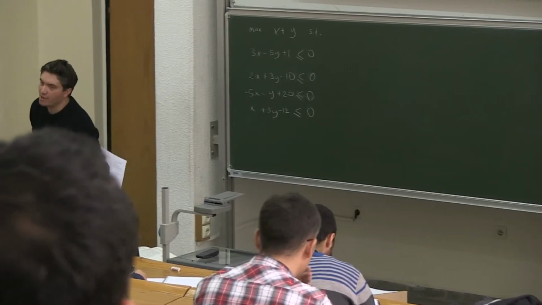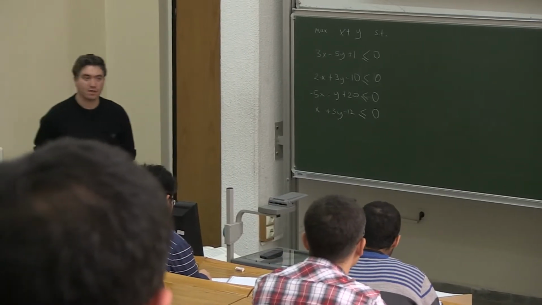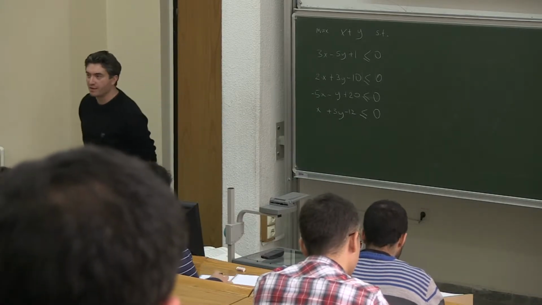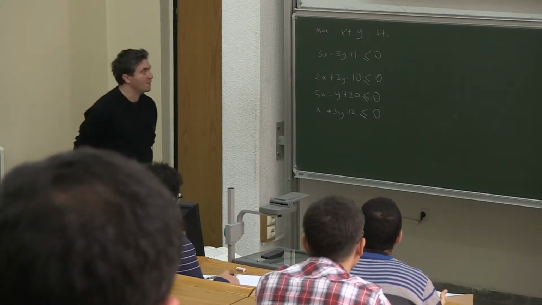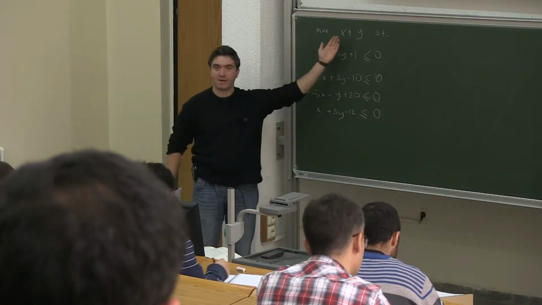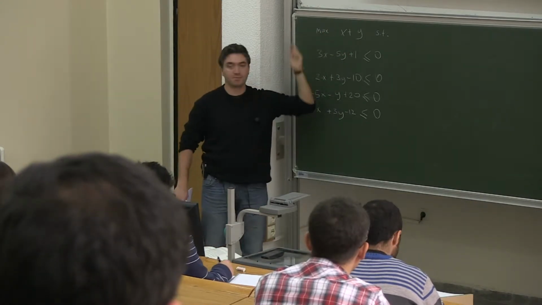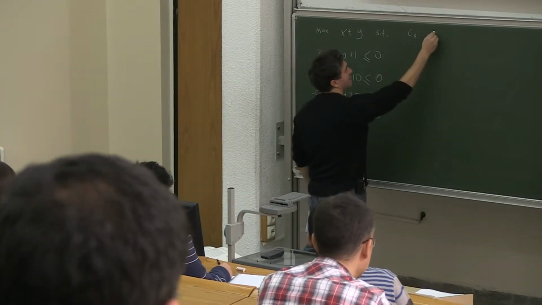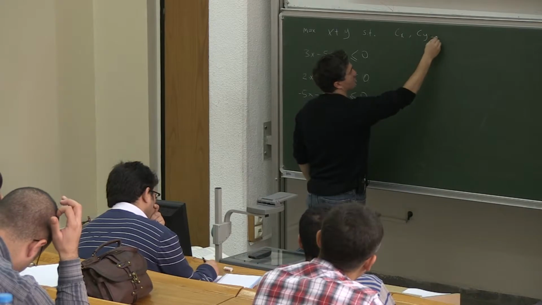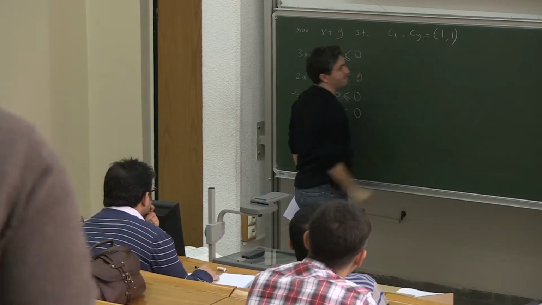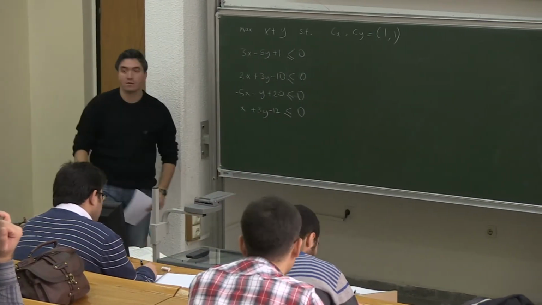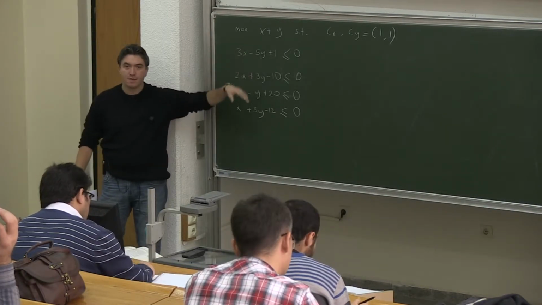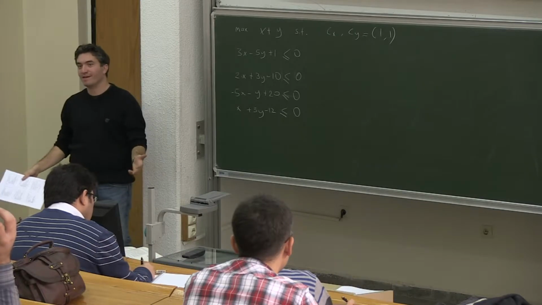Okay, right now what we are trying to solve is a problem like this. So I just give you a specific instance this time. We are trying to maximize an objective function, this time x plus y, meaning that cx and cy are equal to 1, 1. If there are no constraints, maximize x plus y.